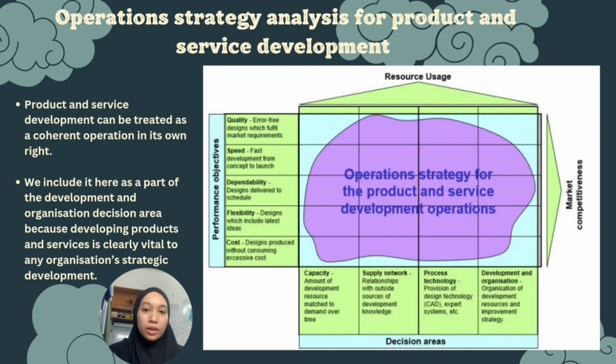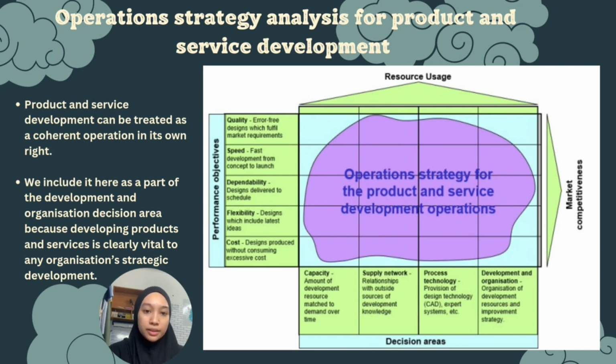Process technology such as computer systems, expert systems, simulation and so on may be needed, and the resources, technology and processes used to develop products and services will need to be organized and themselves developed over time. All decision areas are often relevant to most company development efforts.